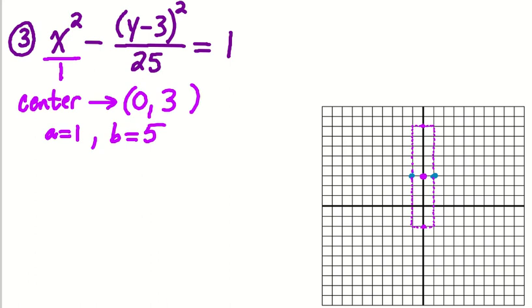So then we could draw our asymptotes through the corners. And oh my gosh, that is crazy.